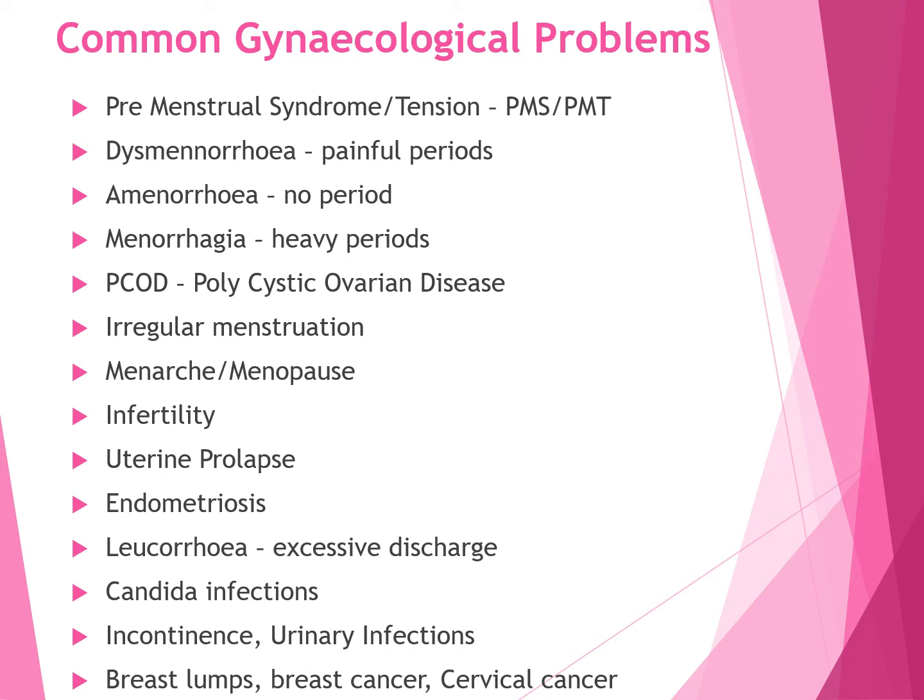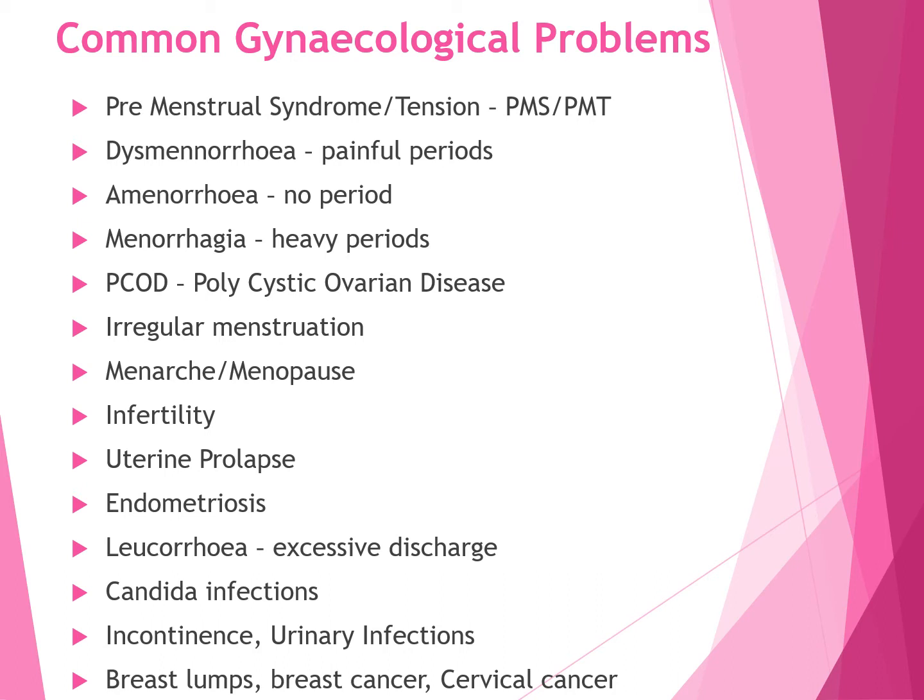There are grades: first degree, second degree, third degree. Then endometriosis, in which the inner lining of the uterus grows outside the uterus.